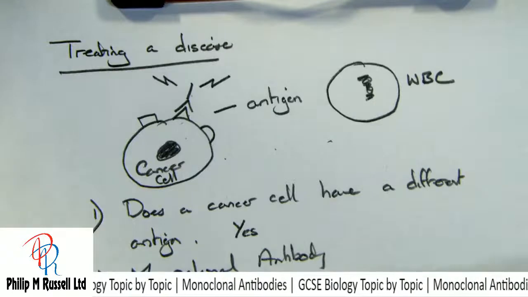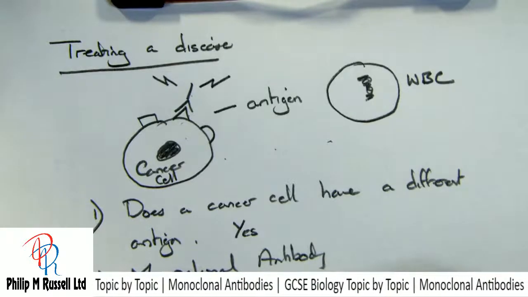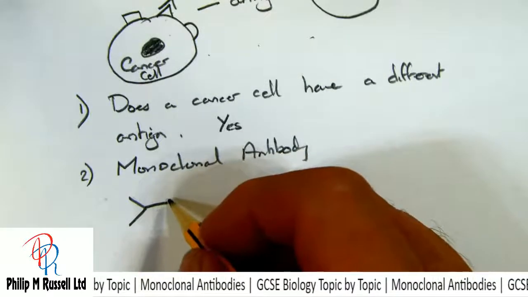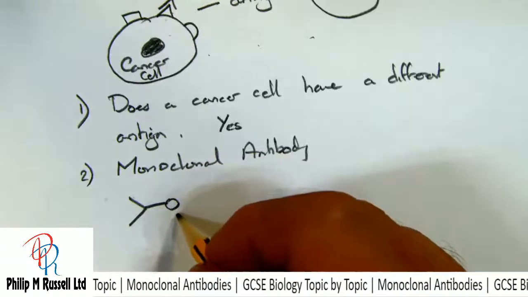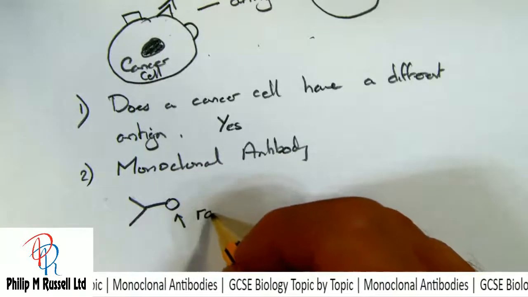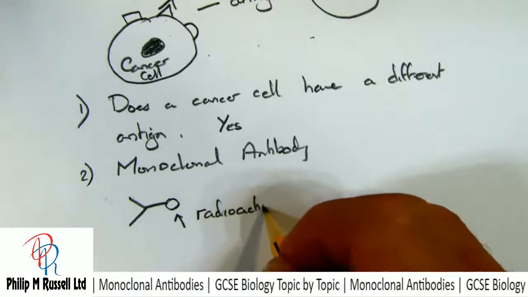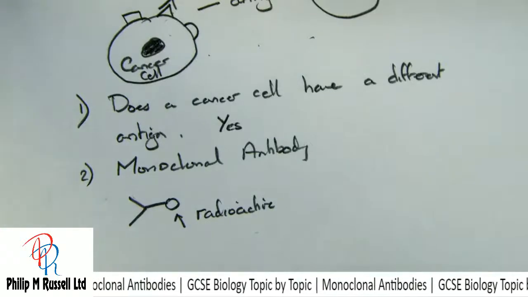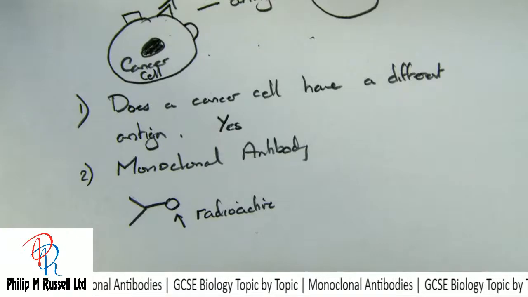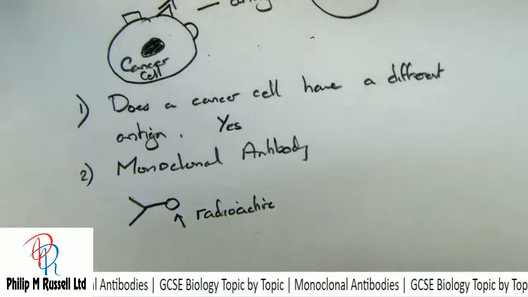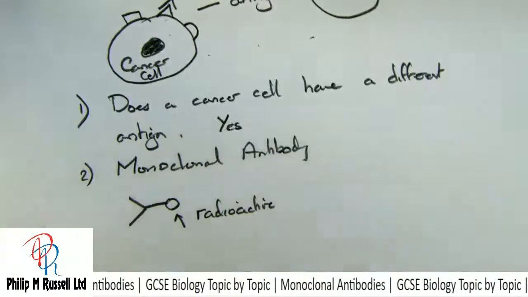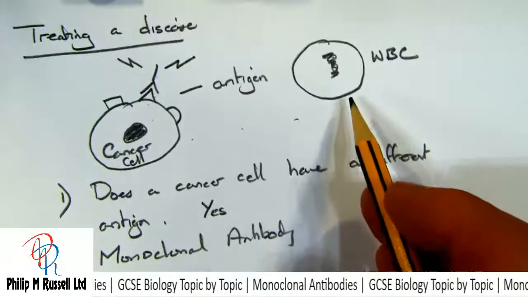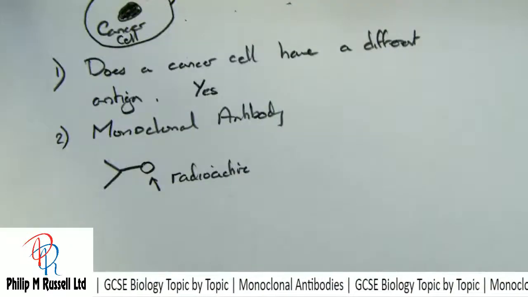And perhaps to this monoclonal antibody, which typically looks like a Y-shaped molecule, maybe I could even attach something radioactive. This would put a radioactive source right next to this cancer cell, which certainly wouldn't do it an awful lot of good and would kill it. Or we could use it just to send out a message to tell other white blood cells to come along and destroy this.